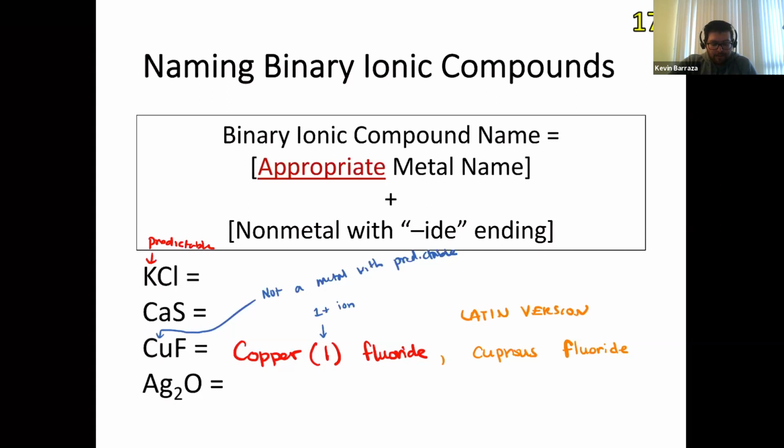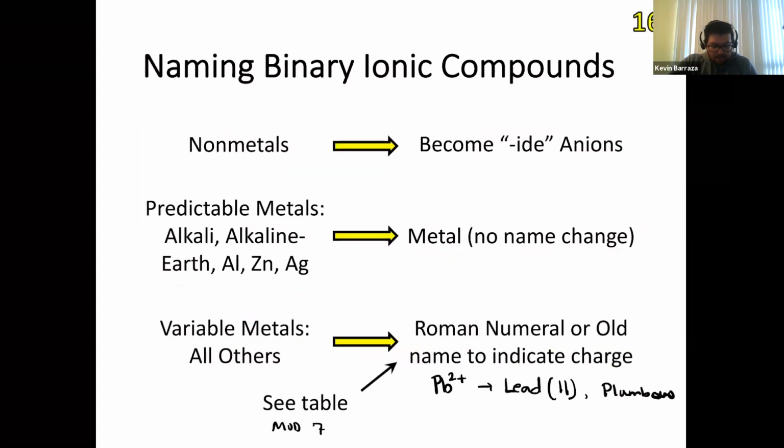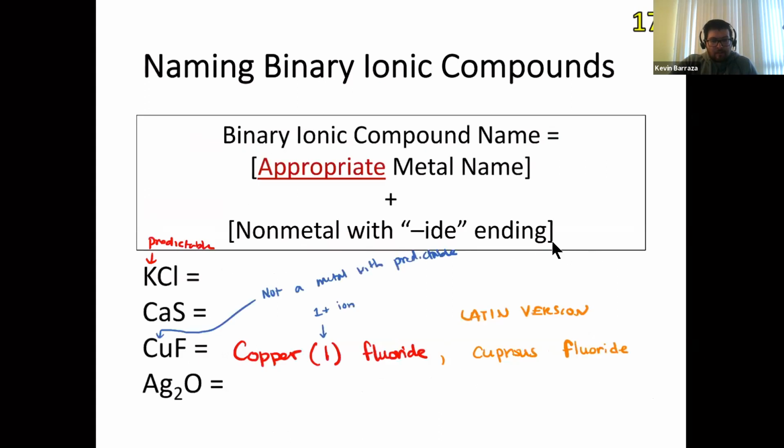So silver oxide. Just to go back and double check, again, the predictable metals are alkaline earth, aluminum, zinc, there it is, silver. It means that the metal has no name change. Just say it. So that means this one is going to be silver oxide.